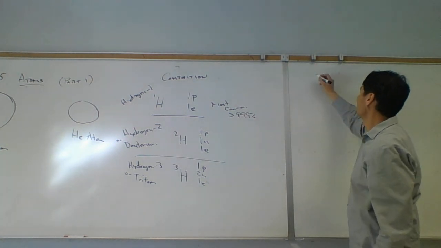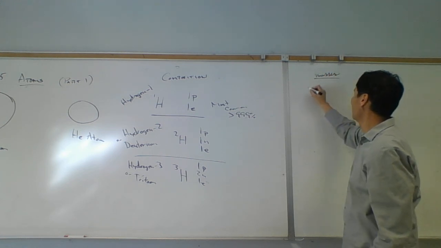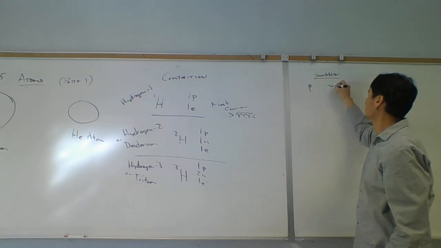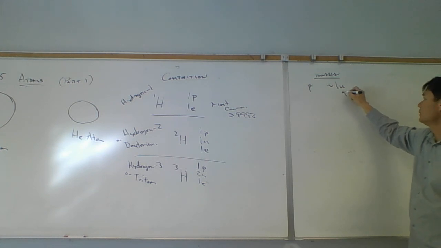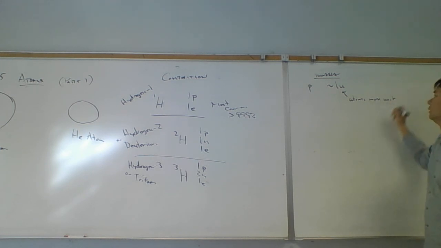Let's look at some masses here. The proton weighs about 1 U. And what is a U? A U is an atomic mass unit. The atomic mass unit is known more precisely to a lot of sig figs, but you don't have to remember all those sig figs.